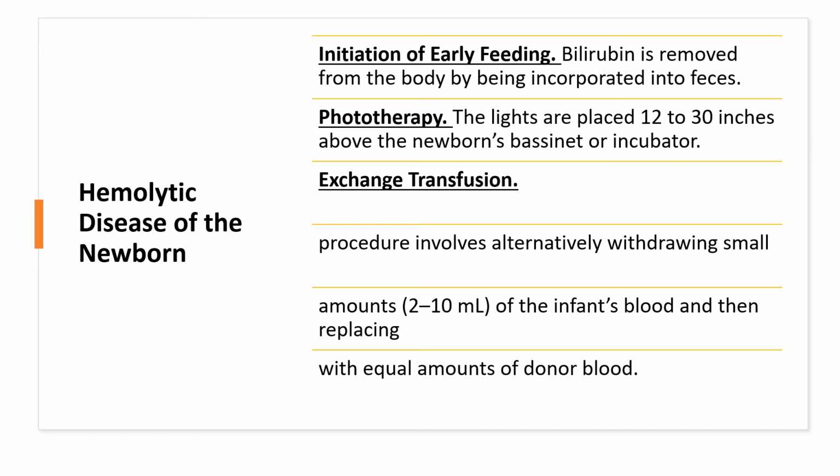In phototherapy, exposure to light apparently triggers the liver to function in processing bilirubin. So in phototherapy, an infant is continuously exposed to specialized light such as your quartz halogen, cool white daylight, or special blue fluorescent light. The lights are placed 12 to 30 inches above the newborn's bassinet or incubator.